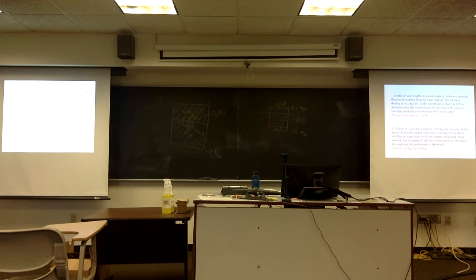That's right. You can leave it as the mass of the object, or you can solve for the density of the object and find the mass. Either one is fine. Because you told it's a cube with side length 0.1 meter.